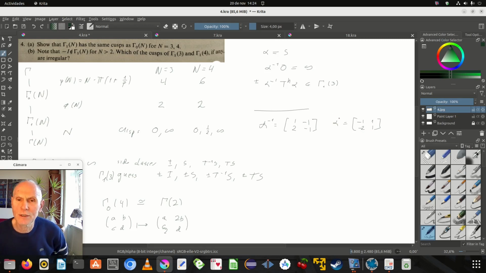So this is a in the inverse, and then this is a itself. Then we have the inverse of alpha maps 1/2 to infinity. I'll make a break and do this in Mabel and then show you the result.